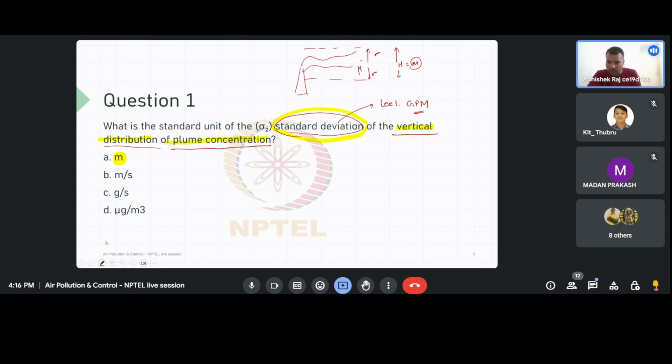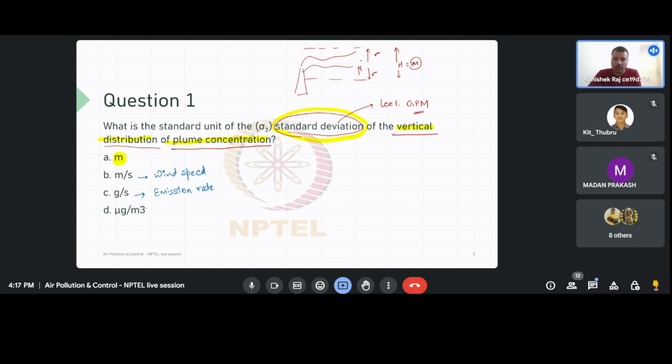I think many people were answering other options also, so we'll see them quickly. Meters per second will be wind speed. Wind will blow, and that will control the plume behavior, so wind speed is measured in meters per second. Grams per second will be the emission rate: the amount of pollutants being released by the plume or the chimney per unit of time.